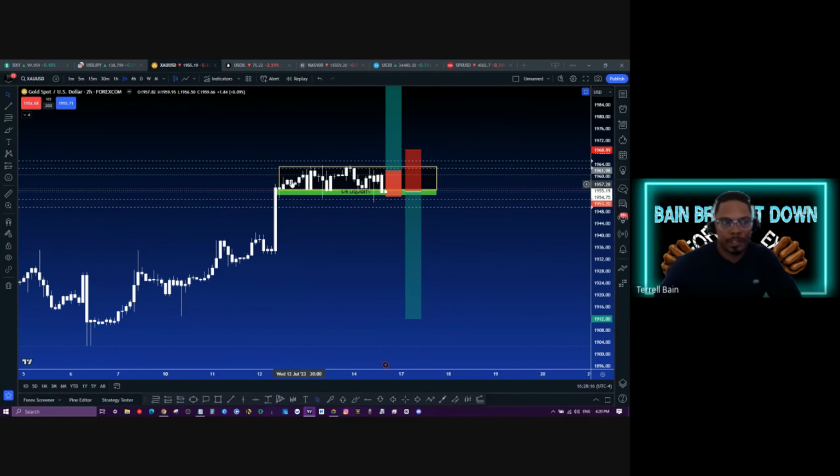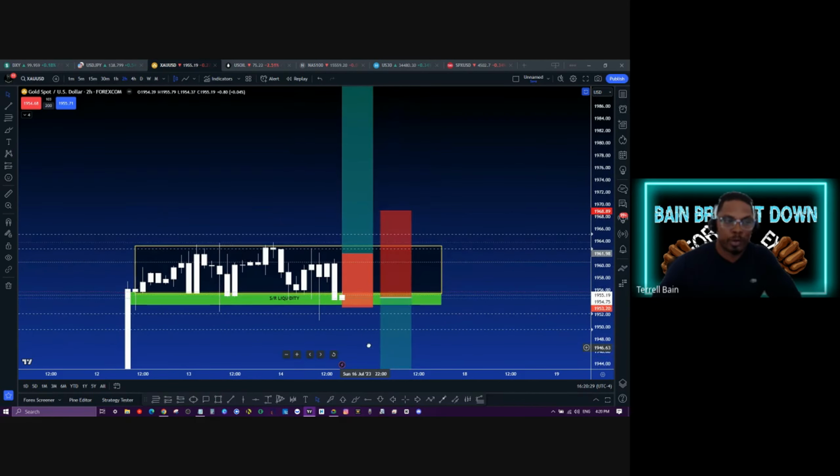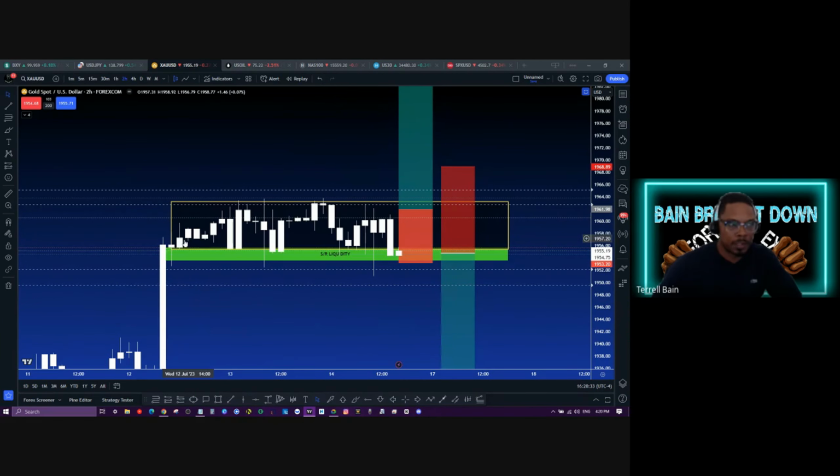So in a situation like this, we can see that clearly the top of that consolidation is resistance because price has failed to go above it. And it's showing you that just by what the candles are doing, the price action. You can see up, down, up, down, up, down, right?